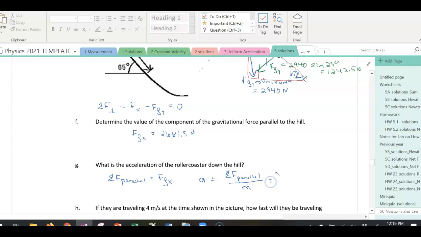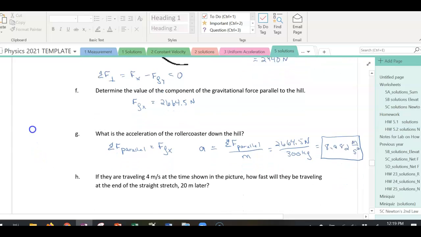And so it's going to be 2,664.5 newtons divided by the 300 kilograms, which gives us 8.882 meters per second squared as the acceleration of that roller coaster.